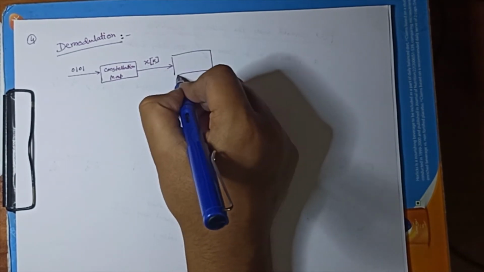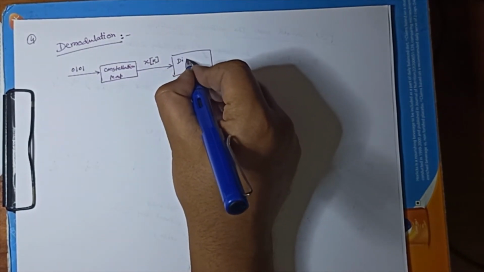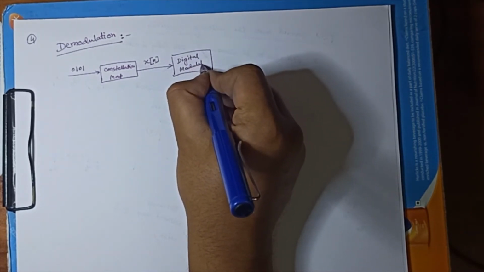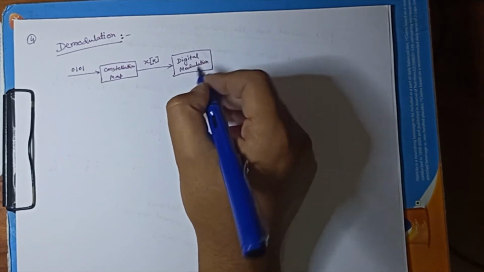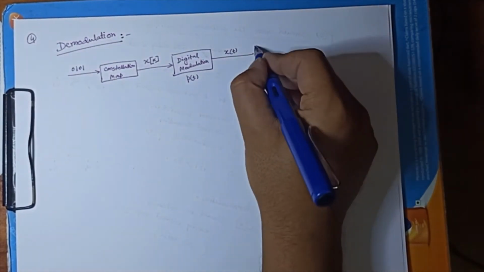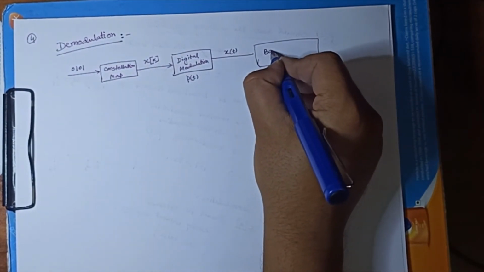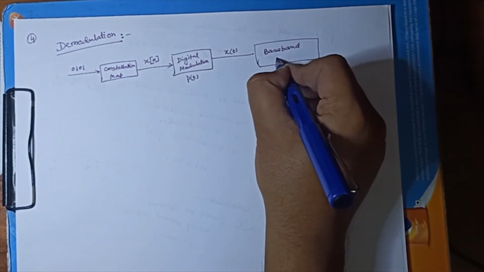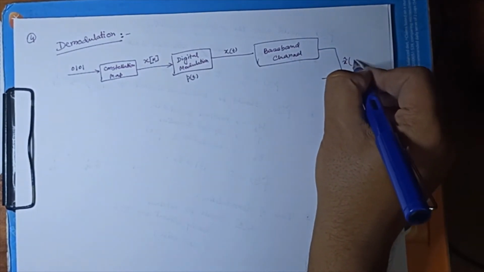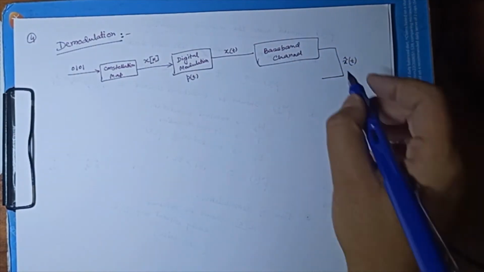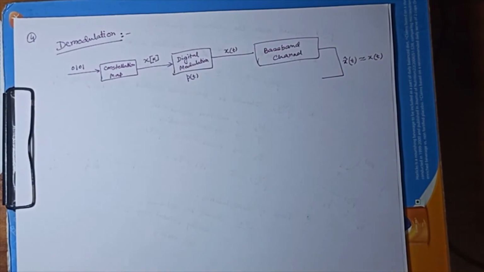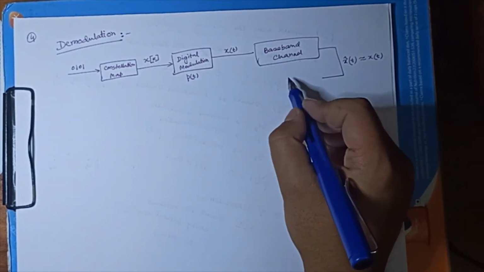And then you have the digital modulator, which is essentially the filter p(t), and it gives you x(t). Now you have the baseband channel, which gives you x hat(t), and if there is no distortion, no noise, then this will be equal to x(t), isn't it? Then I will have my demodulator.